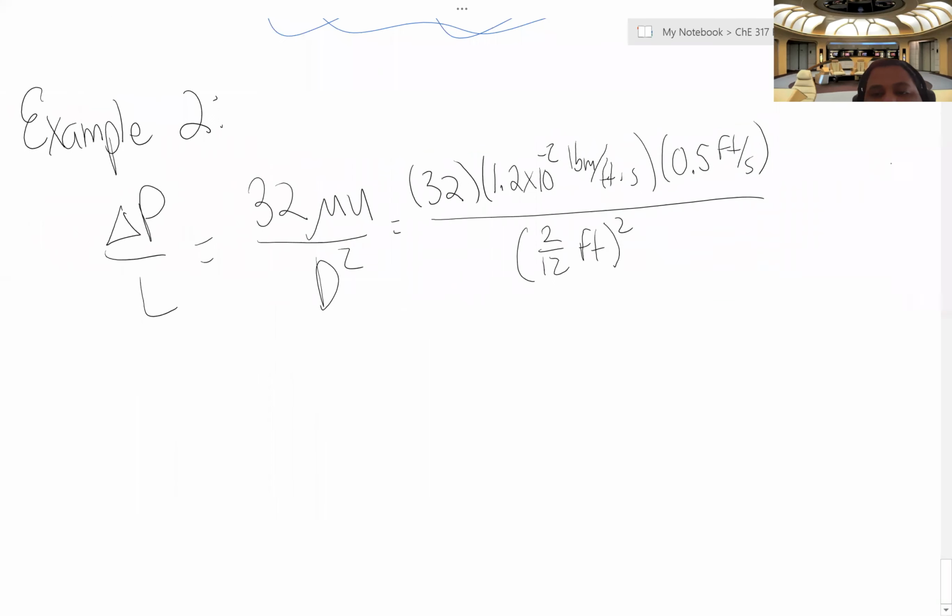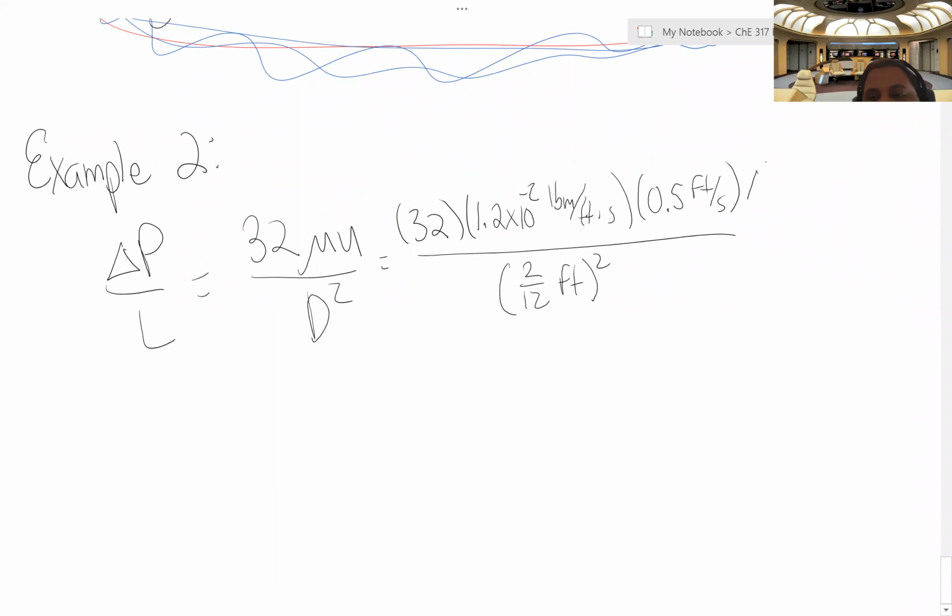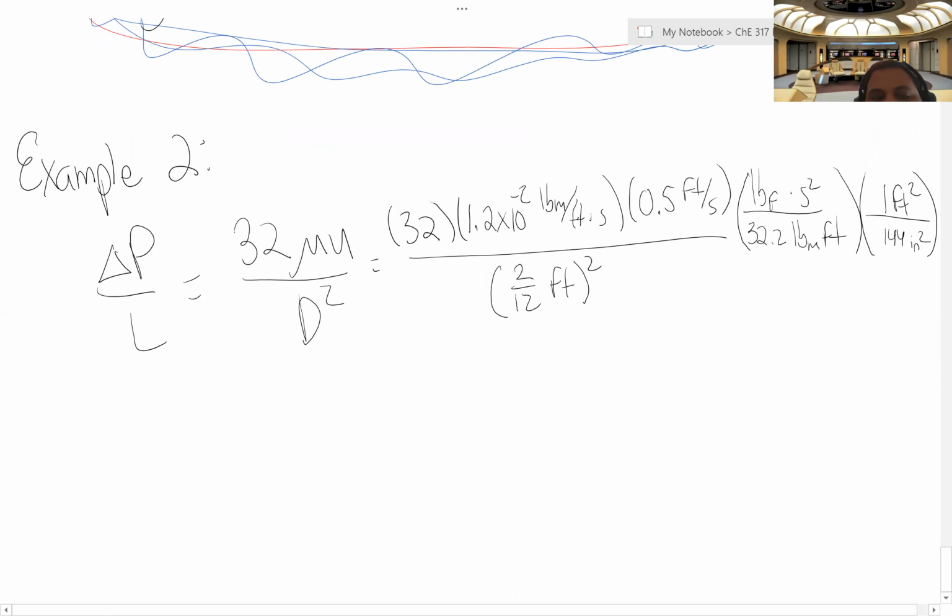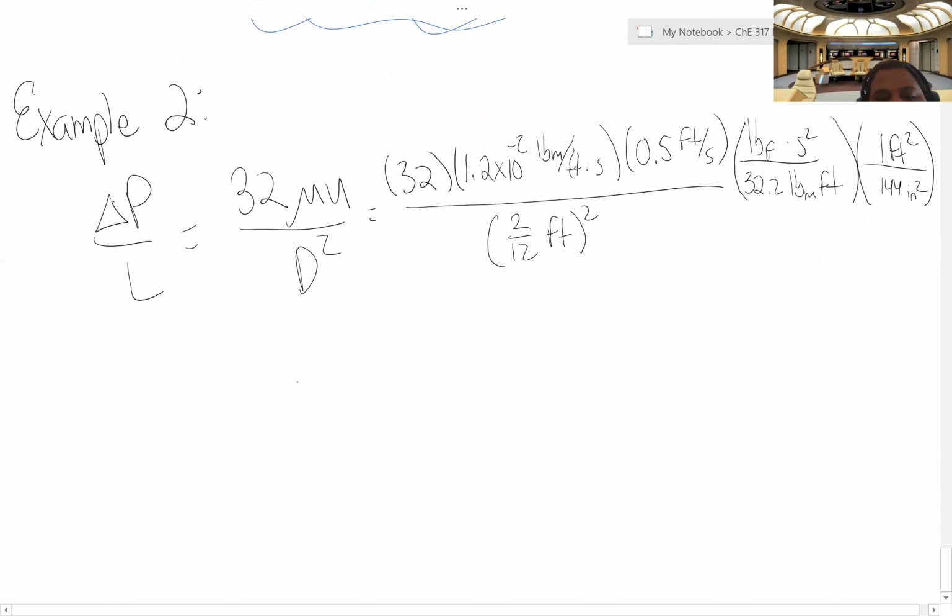And since we're looking at English units, we have to add in g sub c, 32.2 pound mass feet per pound force second squared, and then convert from feet squared to inches squared. If we put this value in, we should be left with approximately 1.5 times 10 to the minus 3 PSI per foot.